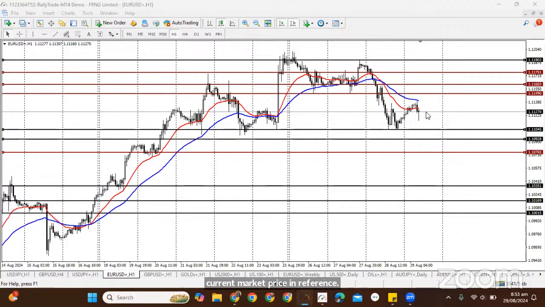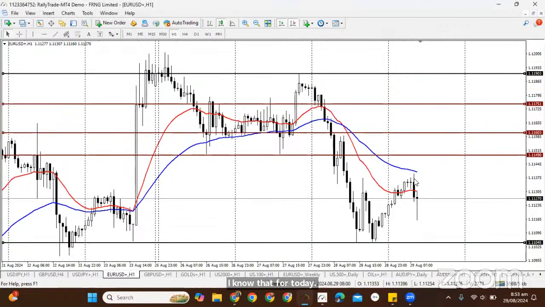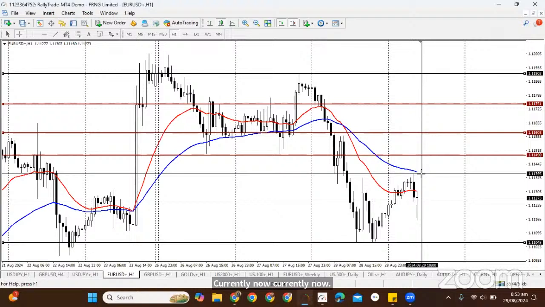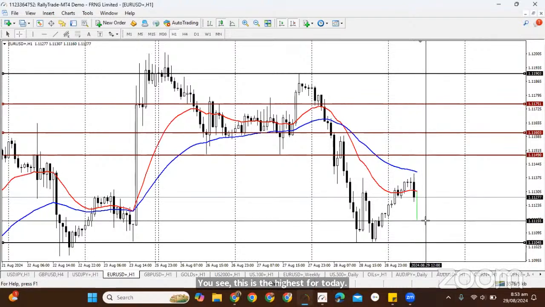Are we together this morning? So you want to check in reference with what has happened. Now, in doing that, I know that for today, currently now, this point here, you see, this is the highest for today for price, and this is the lowest for today.